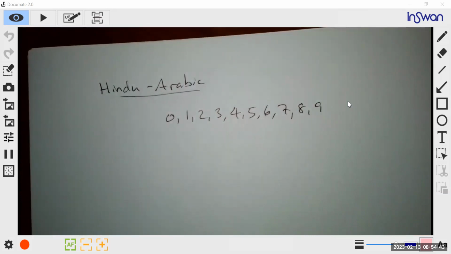There you go. That's the Hindu Arabic number system. It's what we use today.